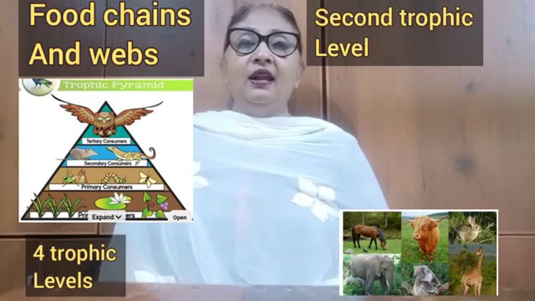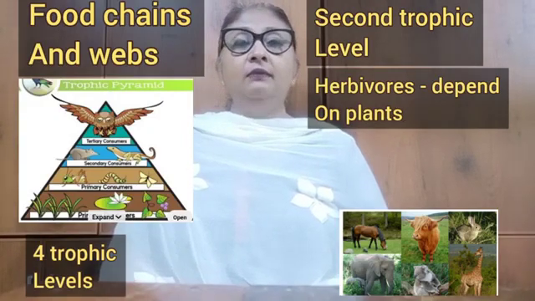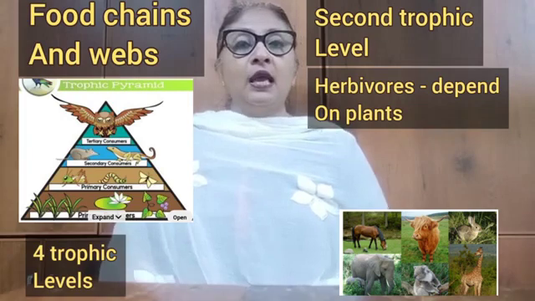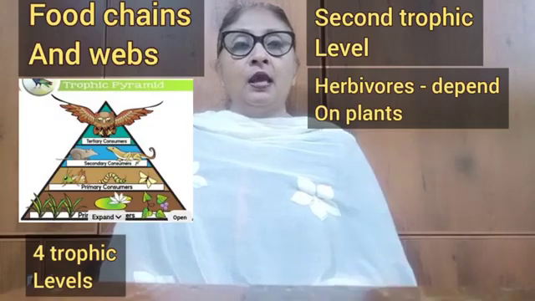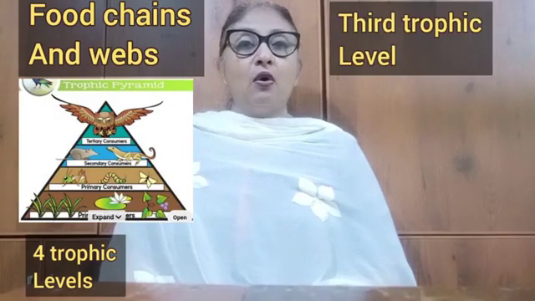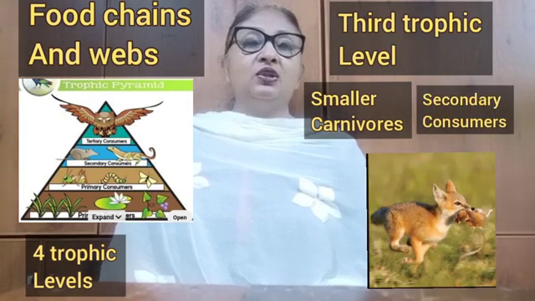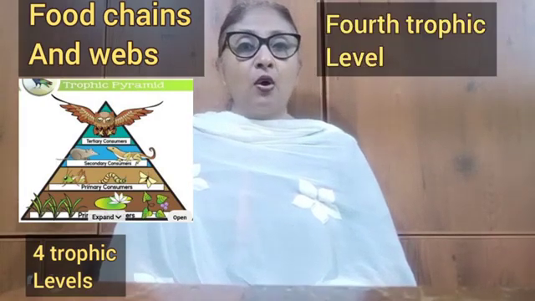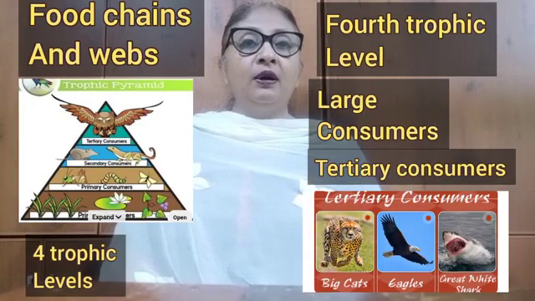The second trophic level is occupied by herbivores, which depend on plants. They are also known as primary consumers. The third trophic level is occupied by small carnivores or secondary consumers, while the fourth trophic level is occupied by tertiary consumers or top carnivores. Thus the 4 trophic levels we have discussed.